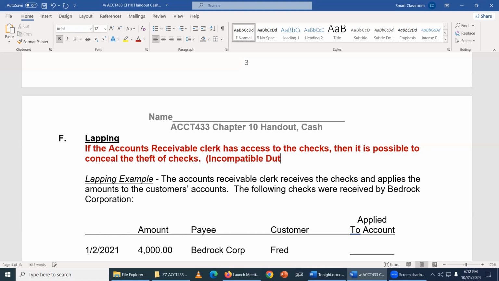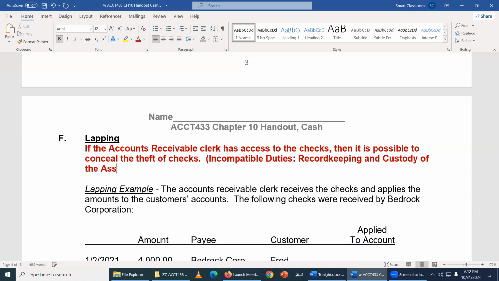And the incompatible duties that the clerk has are record keeping and custody of the asset.